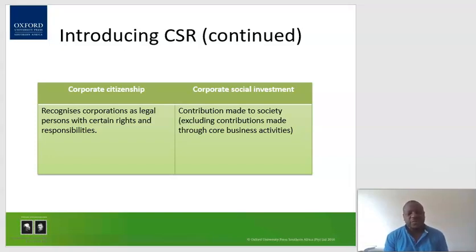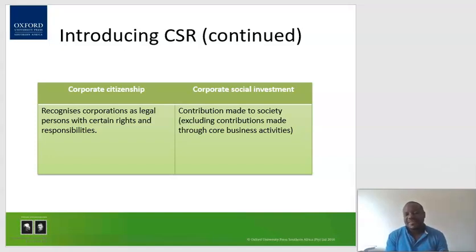So we have natural citizens, people with flesh and blood, people who are natural beings. They have their rights, they have responsibilities. So we are also saying those corporate citizens, those businesses that are regarded by law as separate legal persons, they should also have their responsibilities as well as their rights.